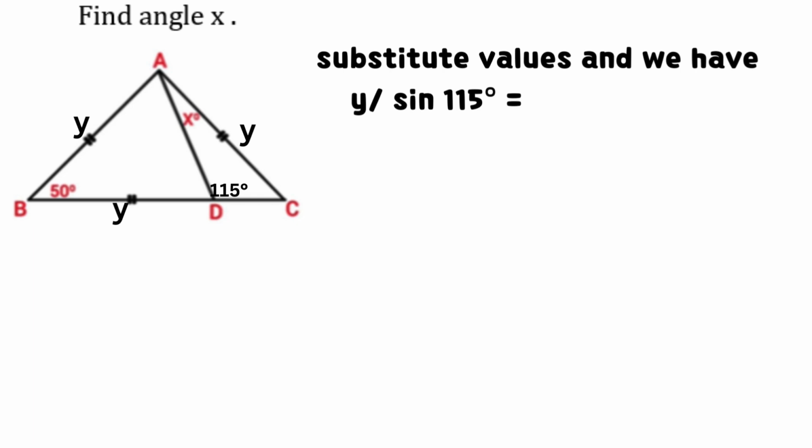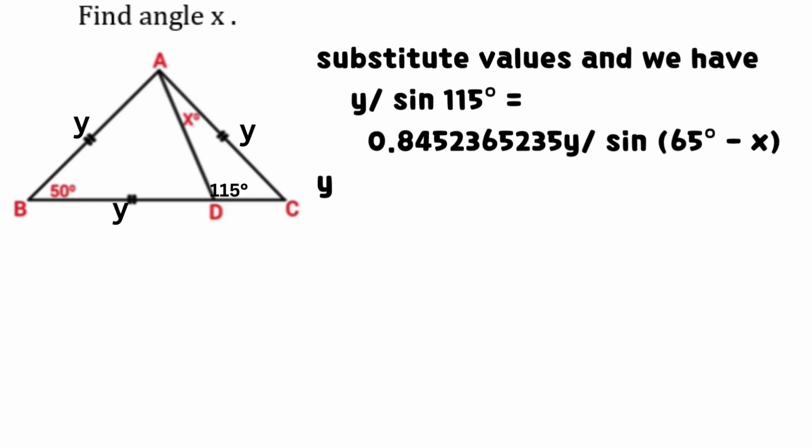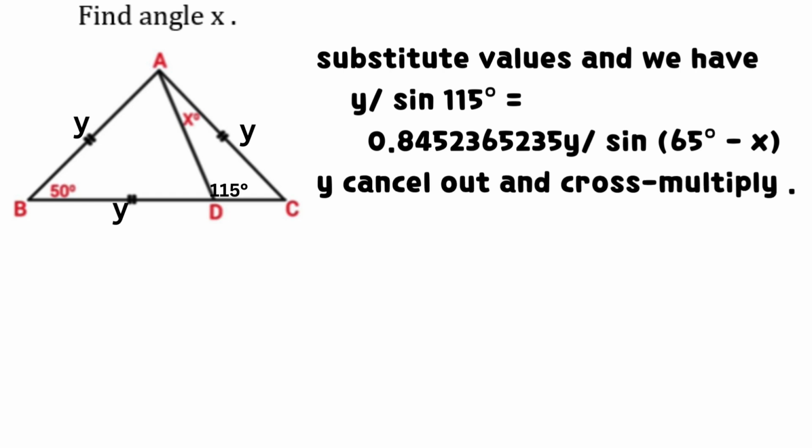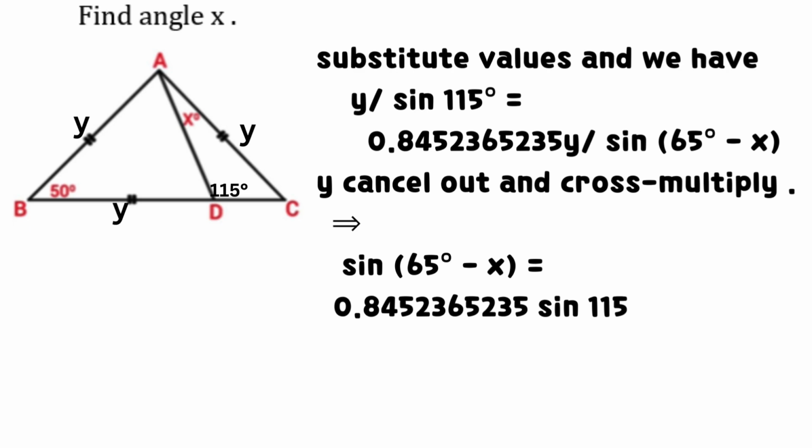Substitute values and we have that y divided by sine 115 degrees equals 0.8452365 times y all divided by sine of 65 degrees minus x.